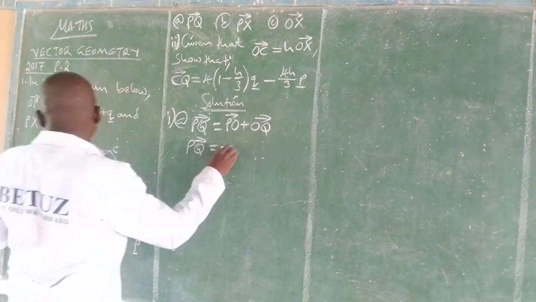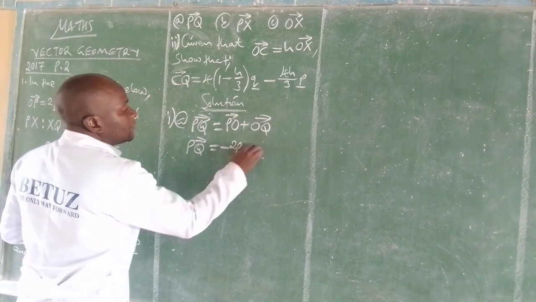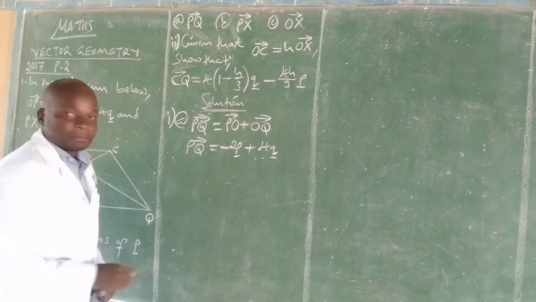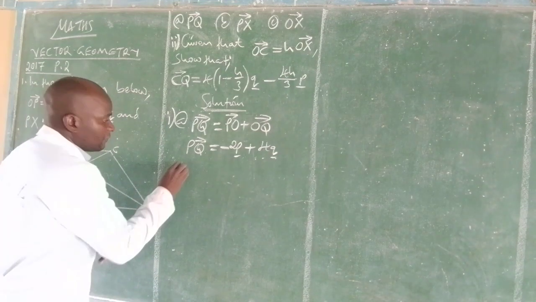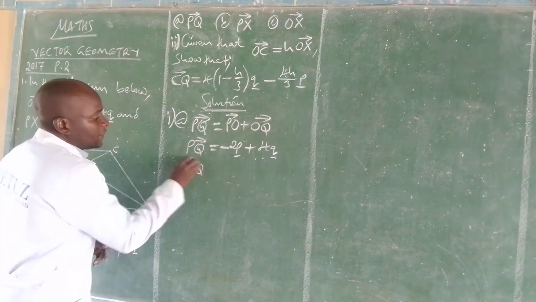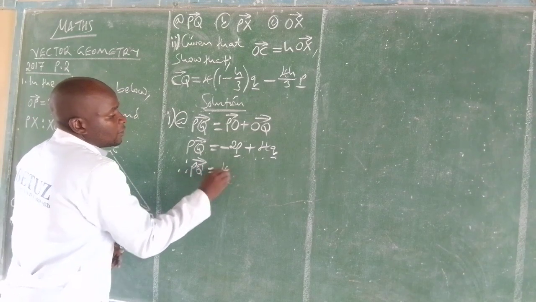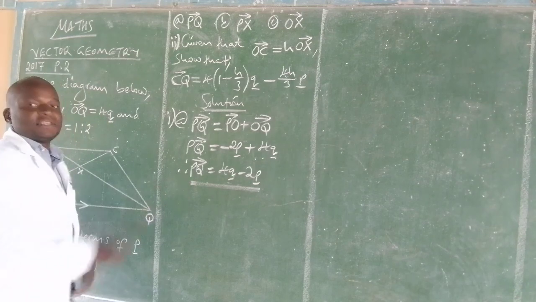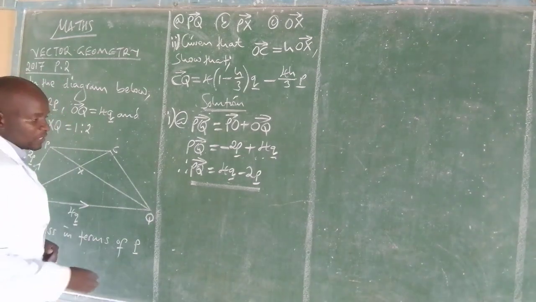This will be negative 2 vector P plus OQ, which is 4Q. It is important to start with the positive part. Therefore, vector PQ is equal to 4Q minus 2P. This is our solution for question A.